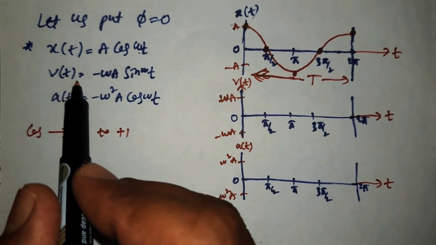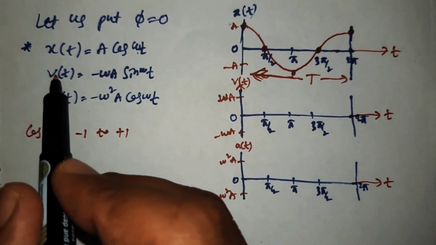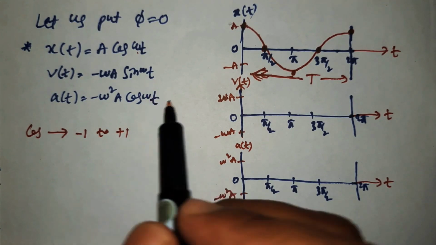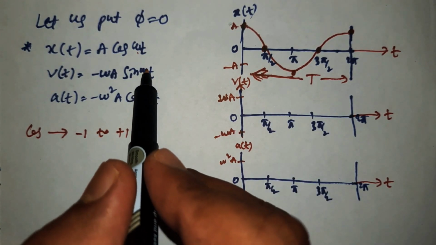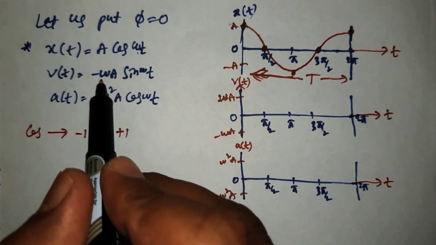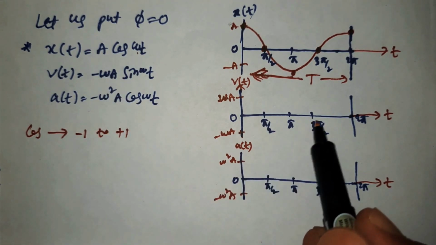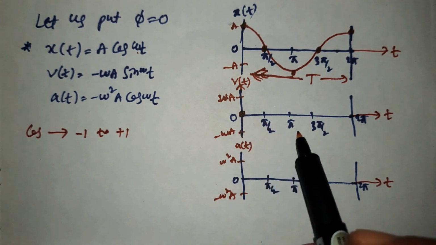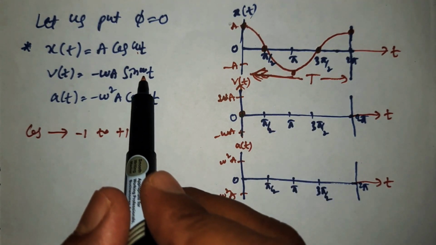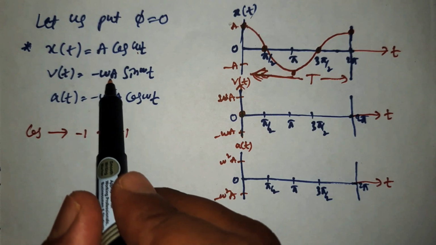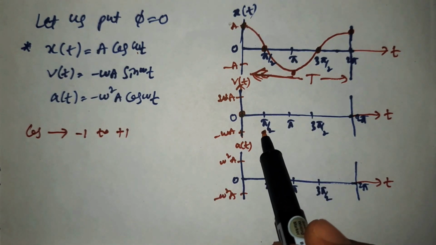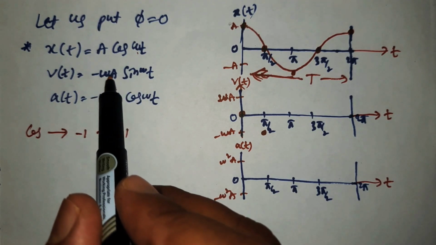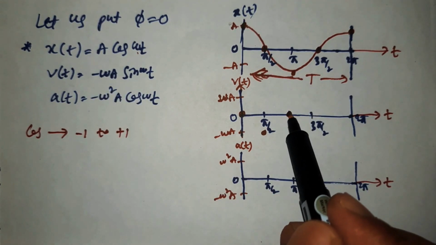So time taken for one oscillation, time period is t. So here v of t versus t. So sin 0 is 0. So 0 into minus omega a is 0. So here t is equal to 0, here it is 0. If sin pi by 2, it is 1. 1 into minus omega a, minus omega a. Sin pi is equal to 0. 0 into minus omega a is 0.